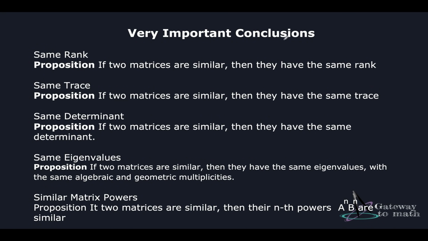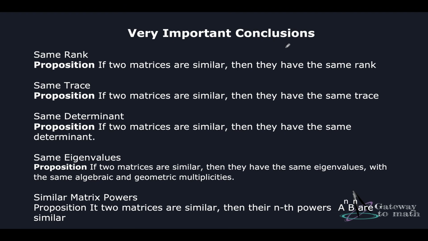Again, some very important conclusions. Say for instance, you're sitting for a data science interview and you're given two data sets and you're asked to have a quick look at these data sets and tell if they are similar or not. How do you go about answering such a question? As soon as you see some form of a data set, just take a subset of that information and put it in the form of a matrix.